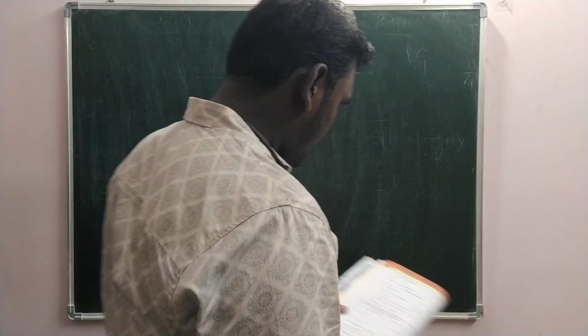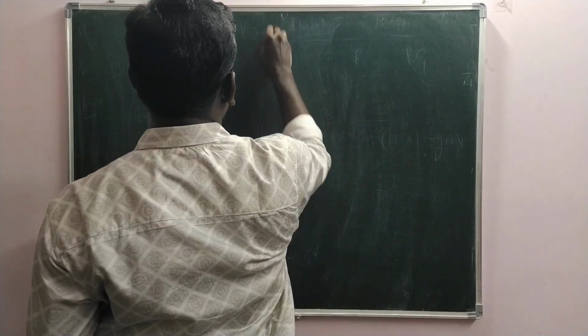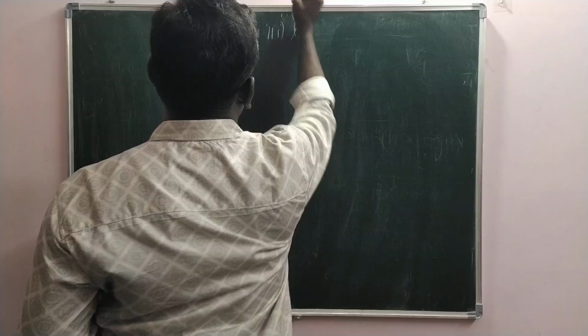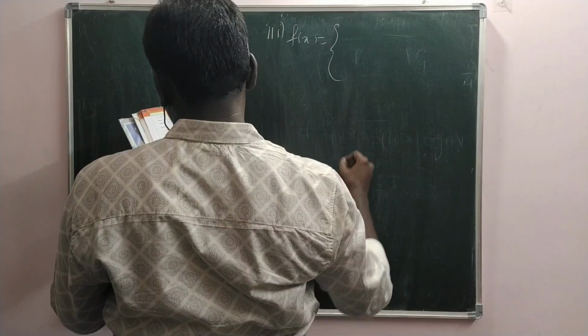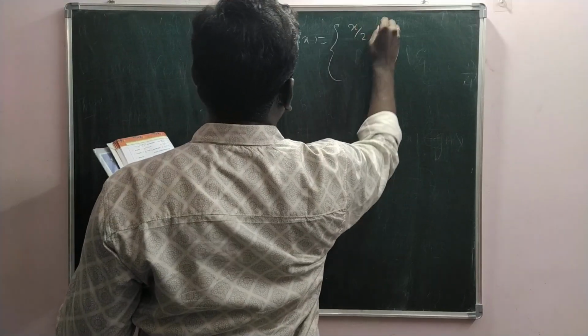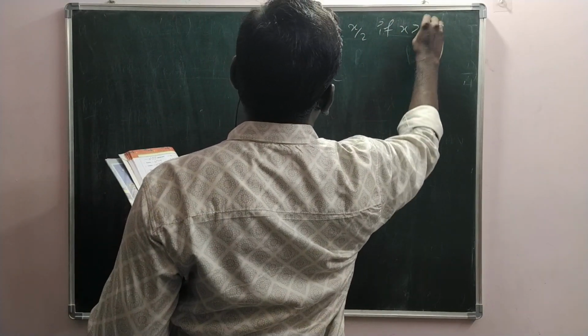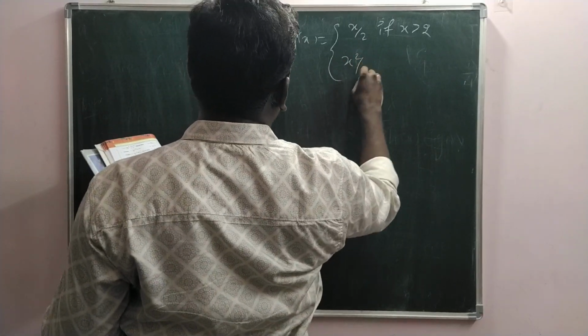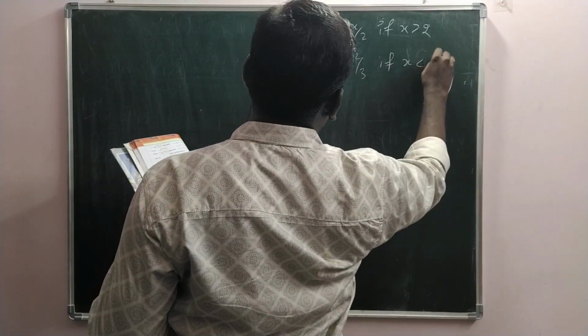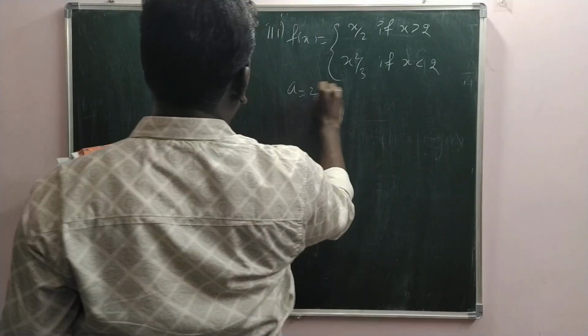Okay. So this third one, f of x is equal to x by 2 if x is greater than 2, and it is x squared by 3 if x is less than 2. So they said a is equal to 2.